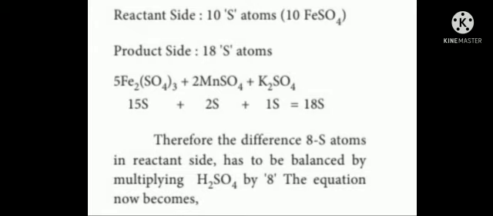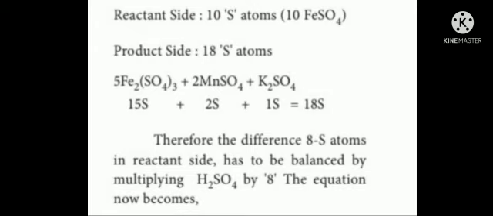It is explained here. 15 sulfur from 5 Fe2(SO4)3, 2 sulfur from 2 MnSO4 and 1 sulfur from K2SO4. Therefore, 15S plus 2S plus 1S, which is equal to 18S. The product side we are having 18 sulfur atoms.